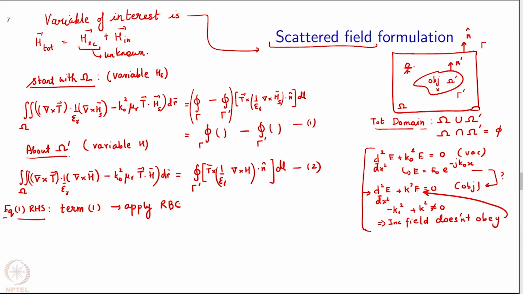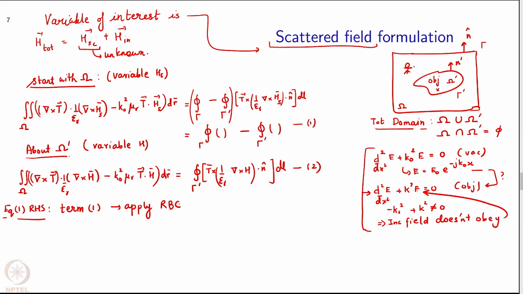Our aim is to formulate a system of equations of the form Ax is equal to b. I want to solve and get the fields everywhere. Boundary condition. We are doing the same thing now. We are trying to somehow get it into Ax is equal to b, where b is known and I can solve for x, right?